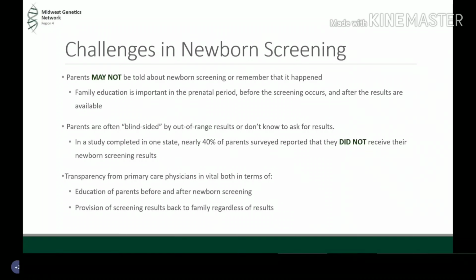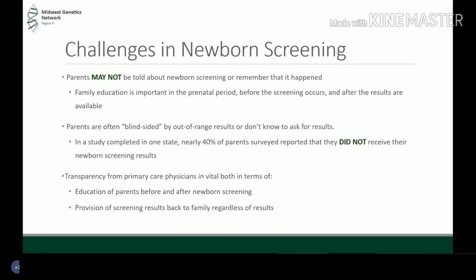Because newborn screening has been around for decades, it may be easy to dismiss it as something that just happens, or to think, I'll hear about the results if something is wrong. But the expansion and increasing complexity of newborn screening really warrants a renewed commitment to newborn screening results communication. Supporting this are results from a recent study done within the region that showed that almost 40% of parents surveyed reported that they never received their newborn screening results.